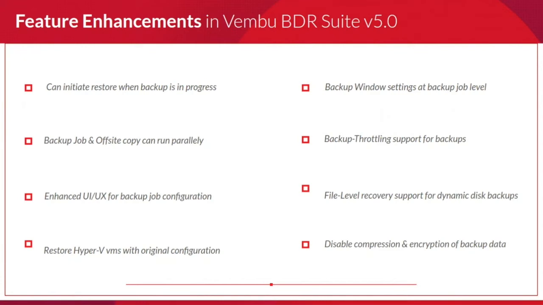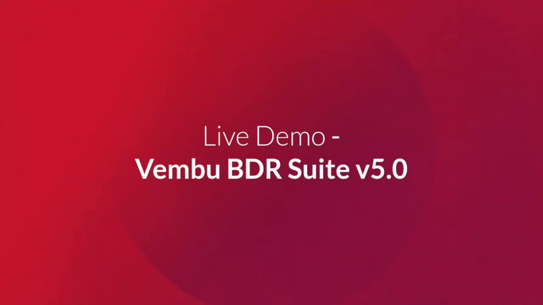If you want to leverage these, Vembu has an option where, with a single click, you can disable compression and encryption and leverage the hardware level compression where you are going to store the backup data. So these are the enhancements that are coming in version 5.0.